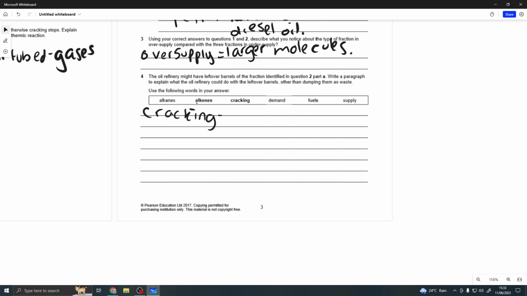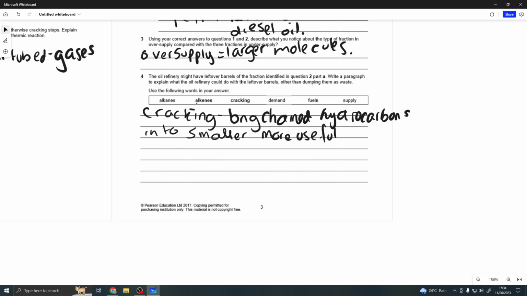It converts long-chain hydrocarbons into smaller, more useful ones. These have a higher demand and are better fuels.